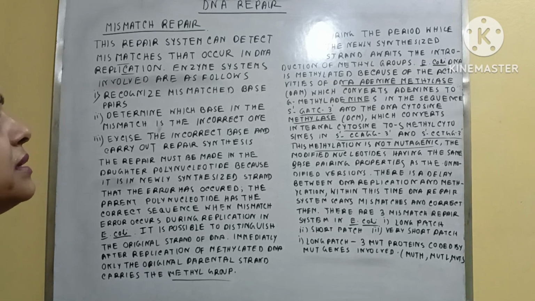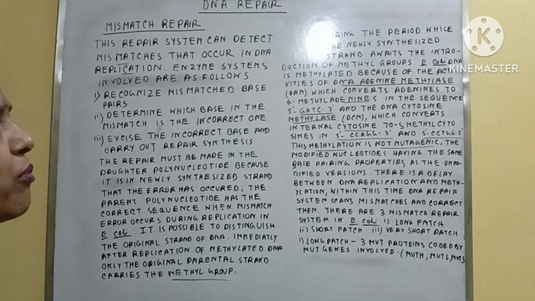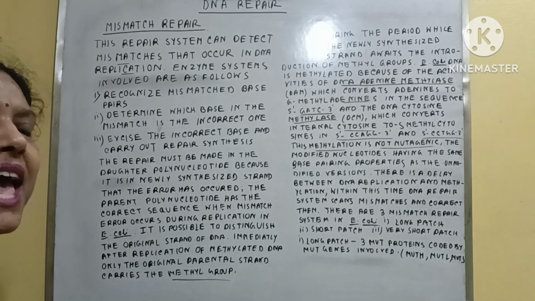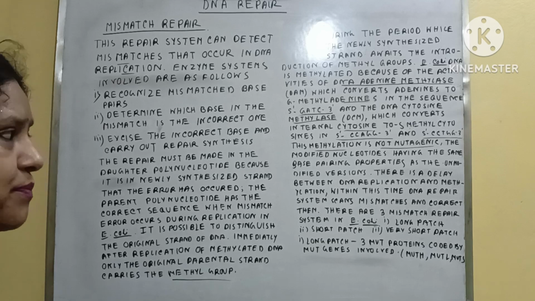Okay, so the properties of the base pair are not changed or separated. That means the modified DNA base pairs have the same properties as the unmodified DNA base pairs.